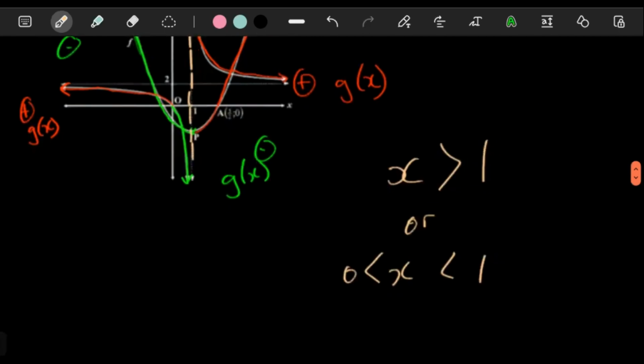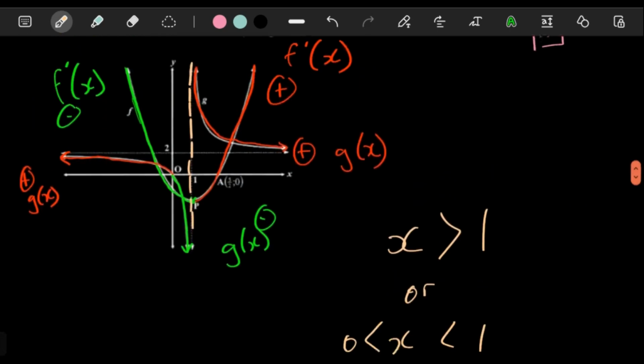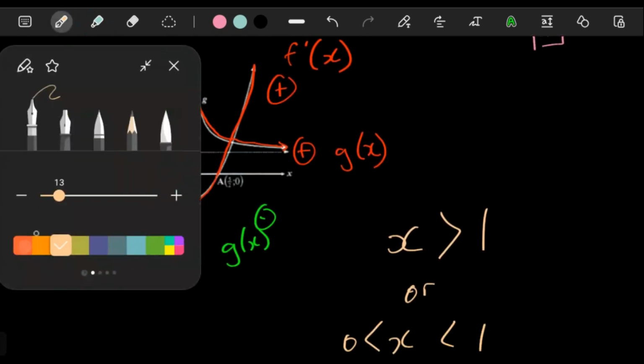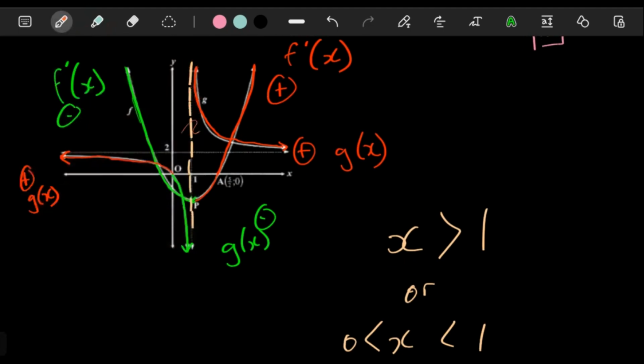So between 0 and 1. So with this being done, this is important that you put your answer like this. If you had said x is bigger than 0 but x is not equal to 0, that's also fine. I mean, if you had said x is bigger than 0 but x is not equal to positive 1, that would also be fine.